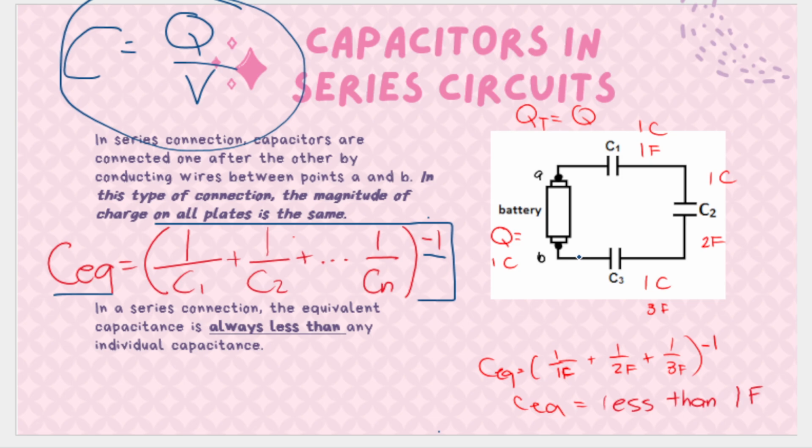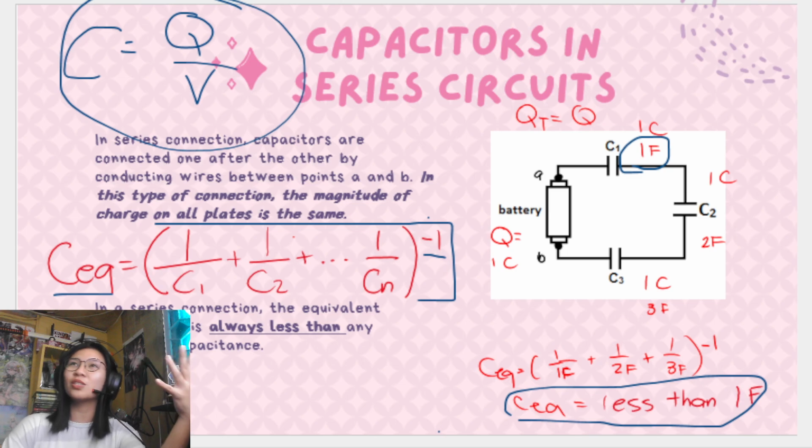Now, if we are to find their CEQ, ang ilang CEQ should be less than the lowest capacitor. In this example, your lowest capacitor is 1 farad. So it means your CEQ should be less than 1 farad. That is a technique just to check if your answer is true. Your CEQ should be less than your lowest capacitance.